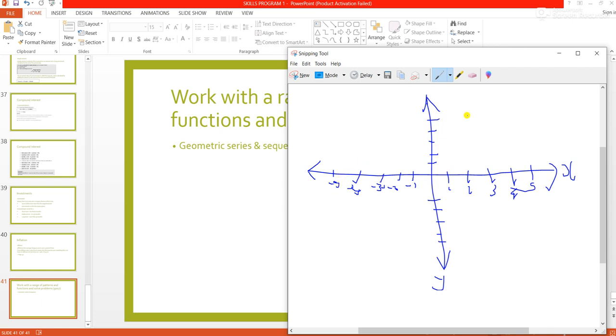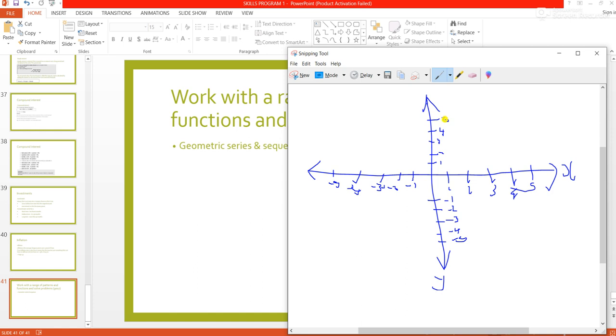Going up is positive and going down is negative: -1, -2, -3, -4, -5, and positive 1 2 3 4 and 5. This is a 5, it's not a 3. So this is just a Cartesian plane.